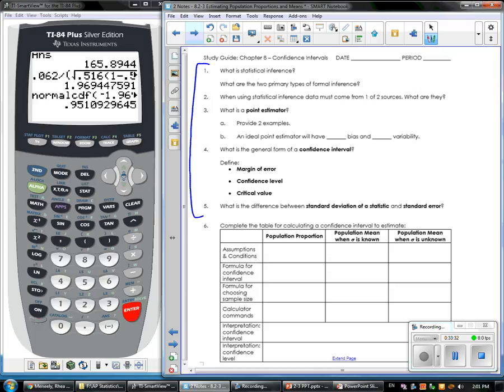And I'd like you to fill in this first block where it talks about population proportion. If you also look back at your notes from last class, you can interpret these two things, interpreting the confidence interval versus interpreting the confidence level. So go ahead and fill that in.